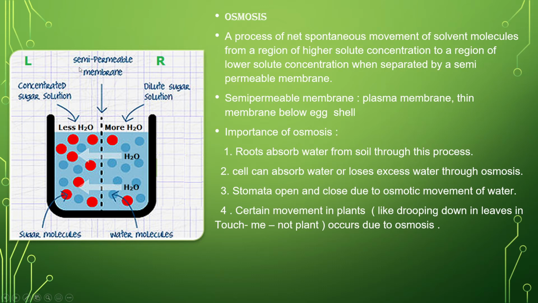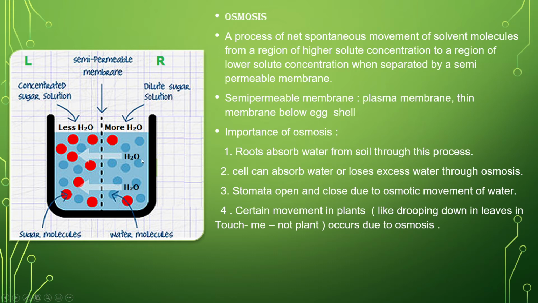It is a membrane which can allow some specific particles through it, not all types of particles. So these two sugar solutions are separated by a semi permeable membrane, and on the left side the concentrated solution is given, and on the right-hand side the dilute sugar solution is given.